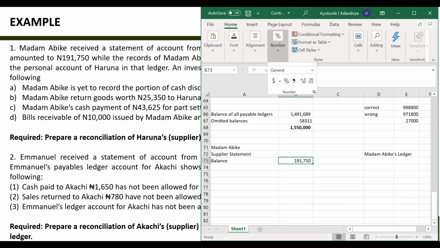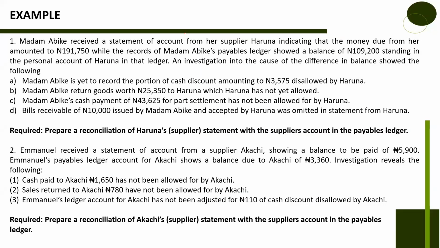See, Madam Abike received, meaning that Aruna was the one that sent it. So Aruna showed this statement of what you are owing me. Madam Abike's ledger is what Madam Abike has in her own bookkeeping accounts.